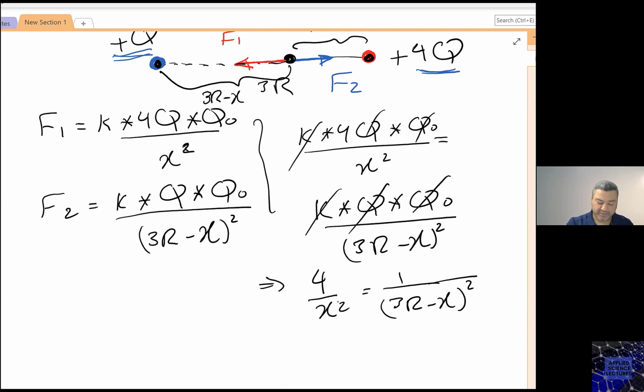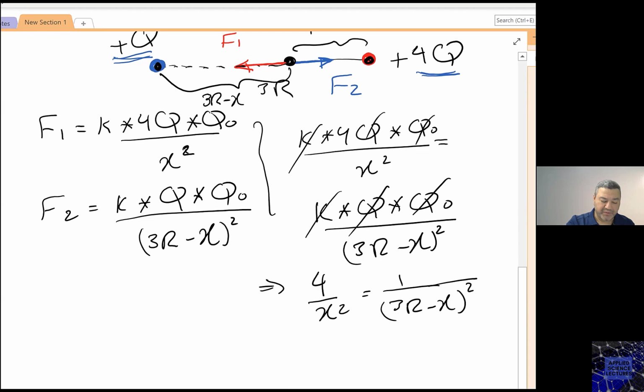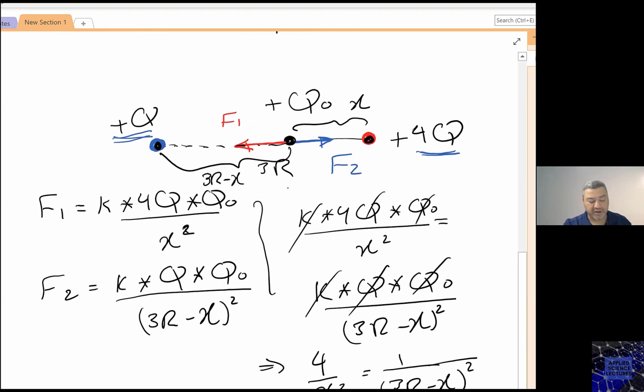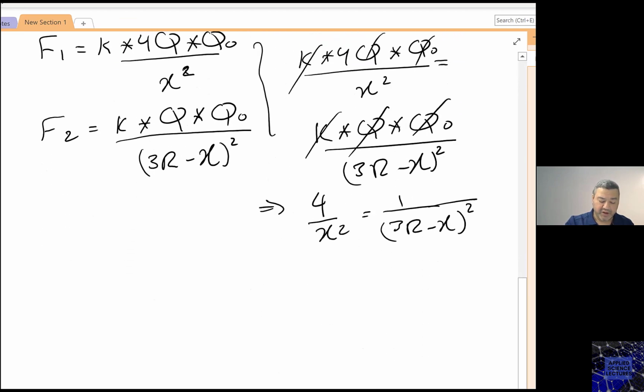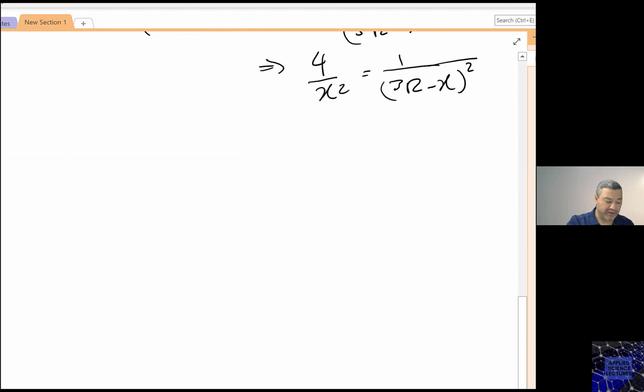We can do that. So for the positive Q naught, yes, I can find a point where the force is going to cancel. Now let's evaluate the negative.